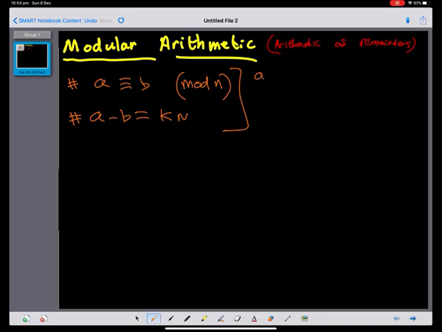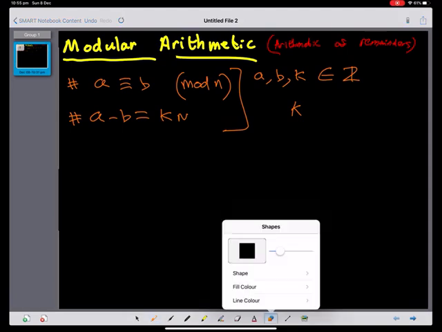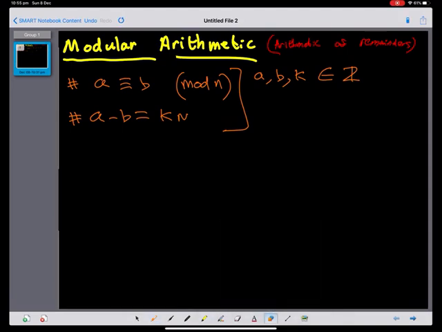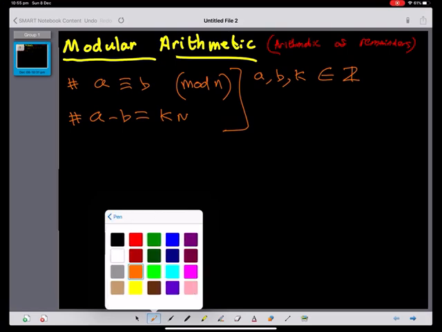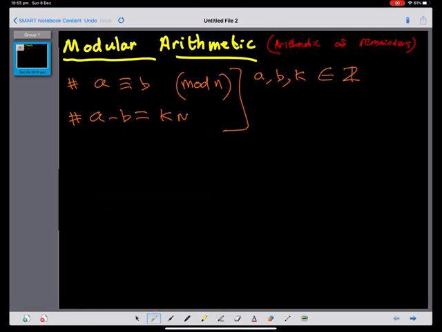Well, A, B, and k are any integer, that is to say, any positive or negative whole number. n needs to be a positive whole number.